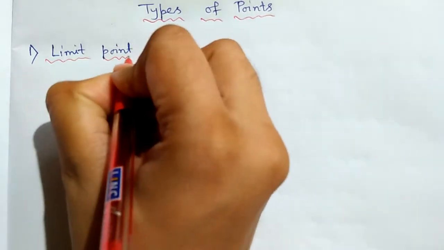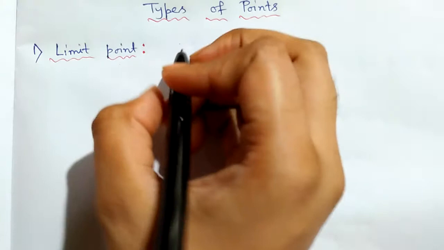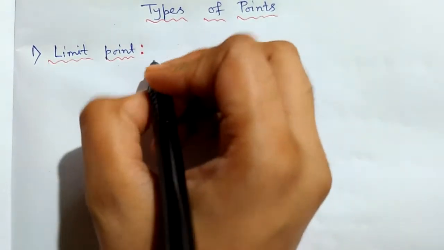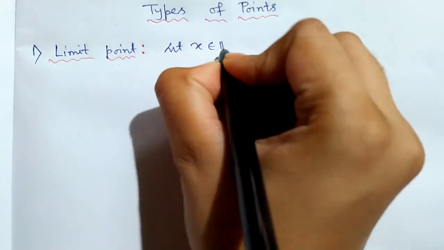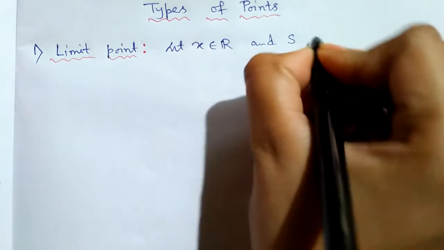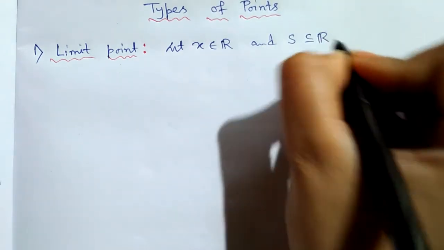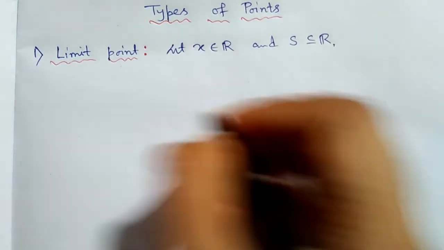So, what is a limit point and limit point of what? In the real number system, let x be any arbitrary real number and S be any subset of R. Then what happens?